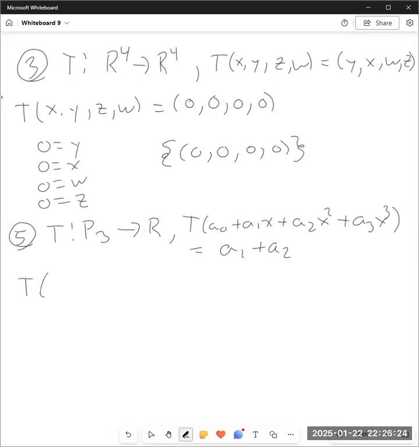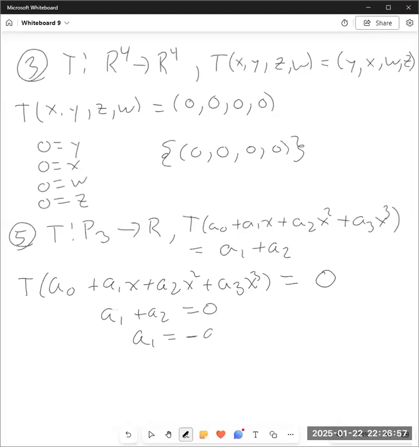So T of A0 plus A1x plus A2x squared plus A3x cubed needs to be equal to 0. It's just a real number, 0. So that means that A1 plus A2 has to equal 0, and A1 has to equal negative A2.